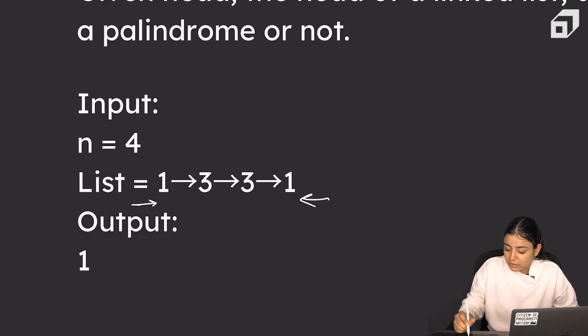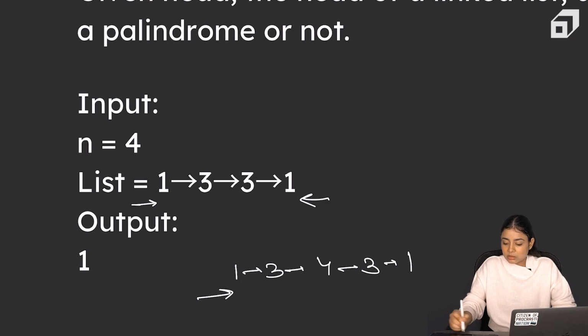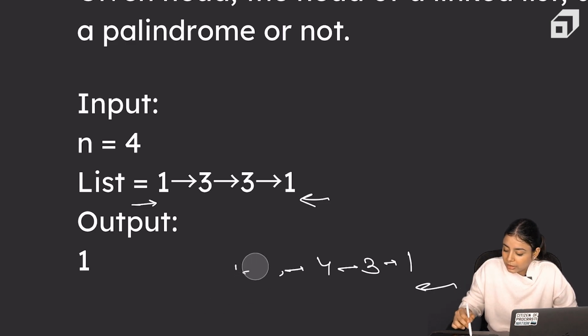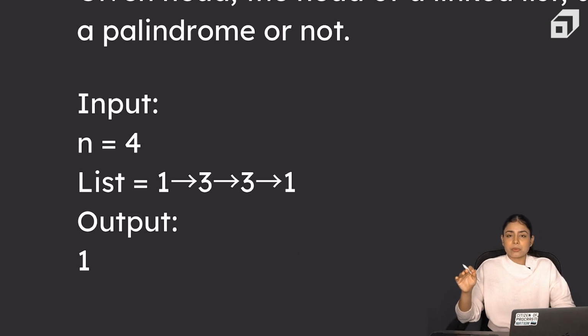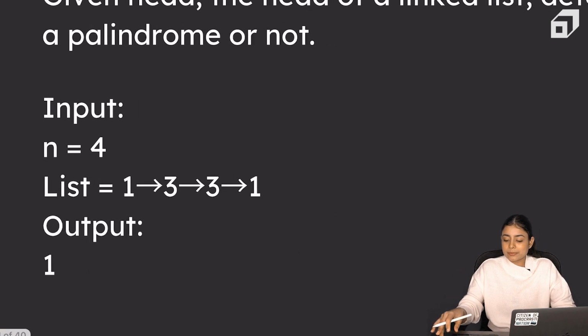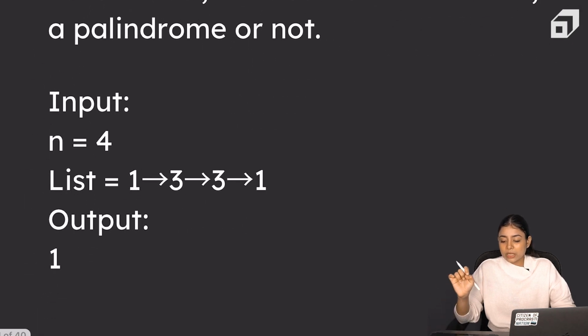Similarly, if I have another linked list, this will also be a palindrome, because in any direction you try to traverse the linked list, it will be the same, right? So how do I now check if a particular linked list is palindrome or not? Now, one way to do it is reversing the linked list.